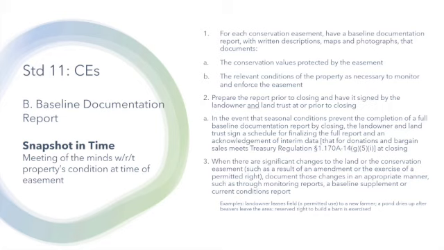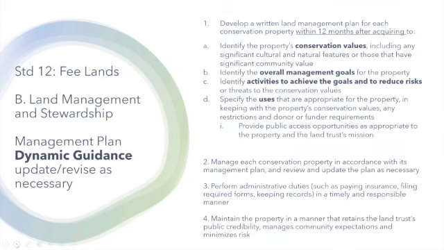And if conditions change over time, you can update an easement, but you're never going to throw out what came before, that initial snapshot that has the meeting of the minds between the landowner and the land trust at the time that the easement was granted. That's a little bit rushed, but I can take any questions about BDRs.